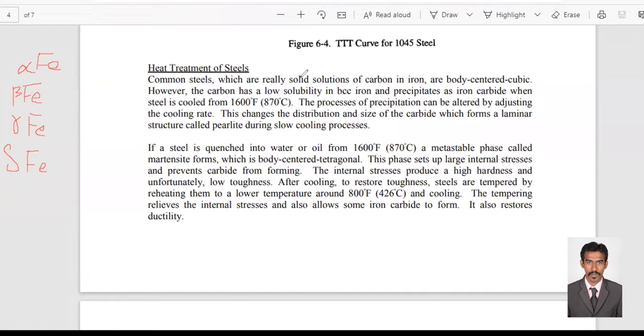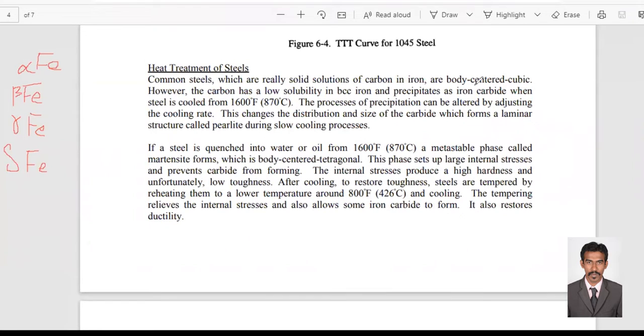When we go for heat treatment, what we do is we change the phase. Change the phase means we have it in alpha phase or beta phase or gamma phase or some mixed phase, along with some carbon. Common steels, which are really solid solutions of carbon in iron, are mostly body-centered cubic.